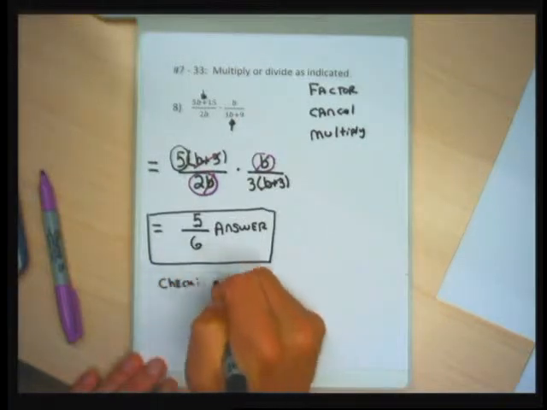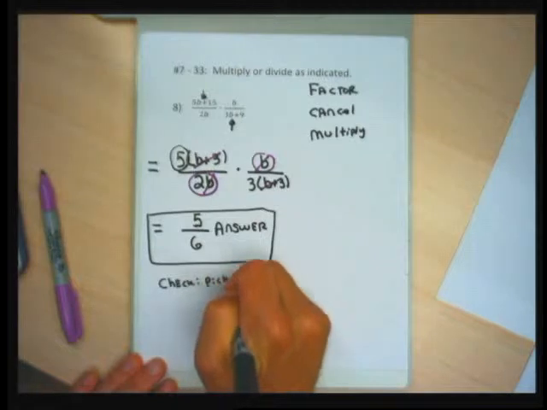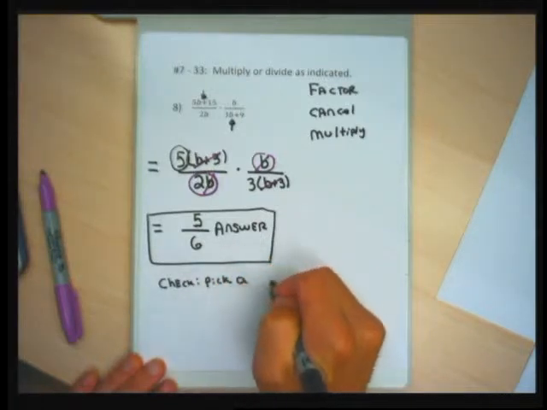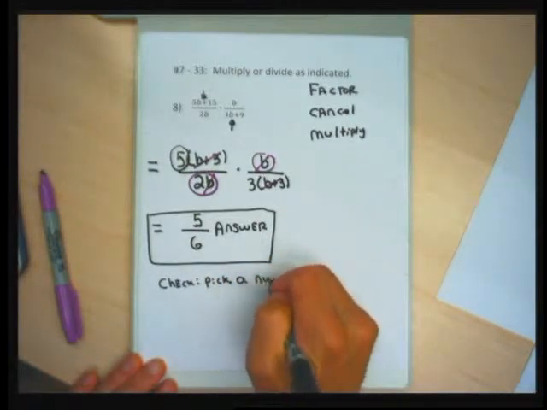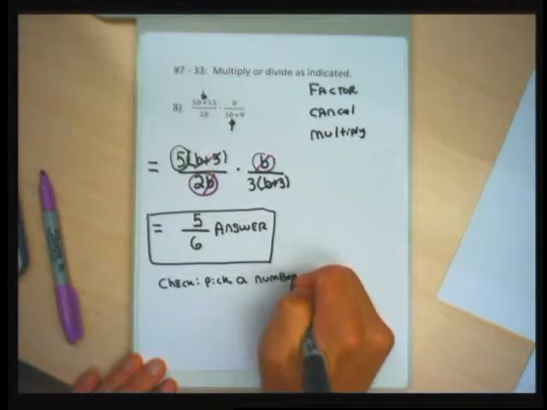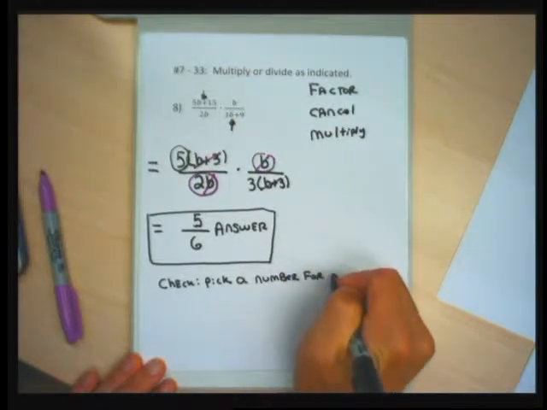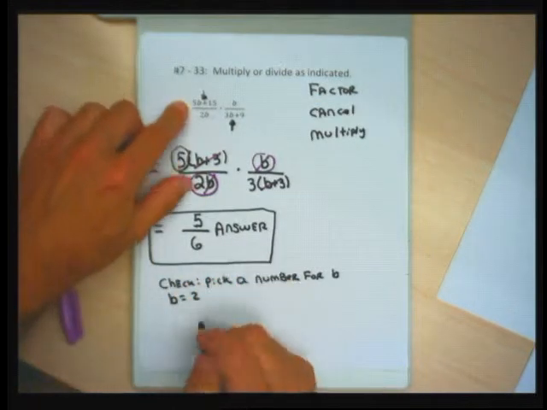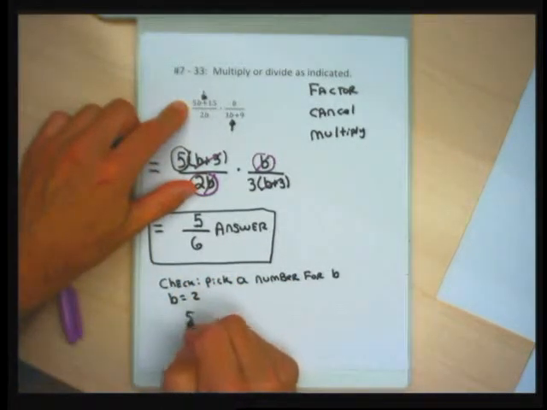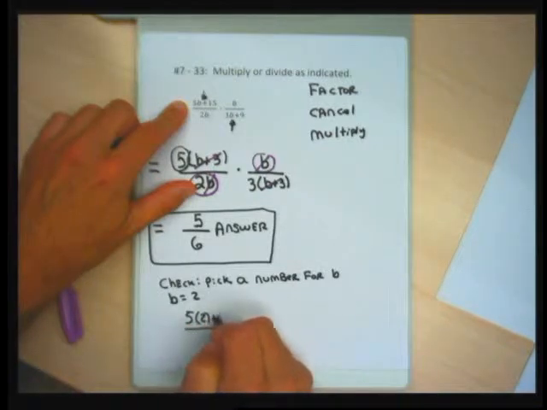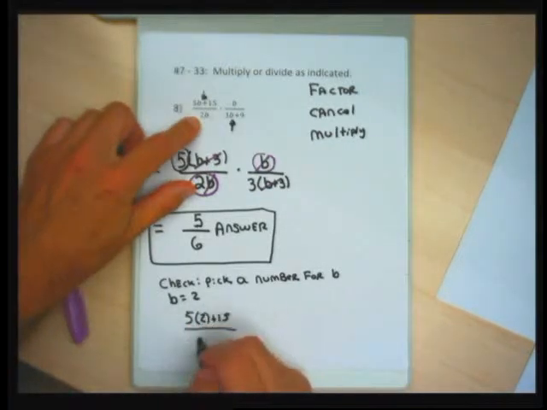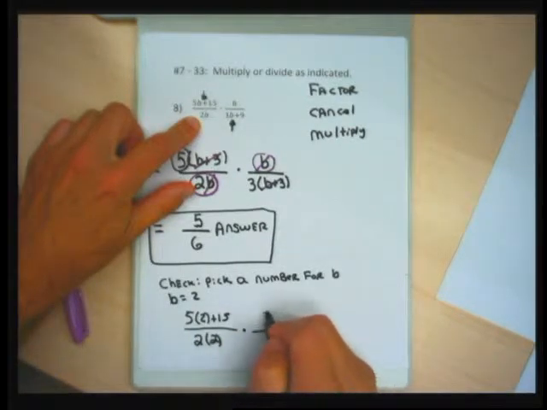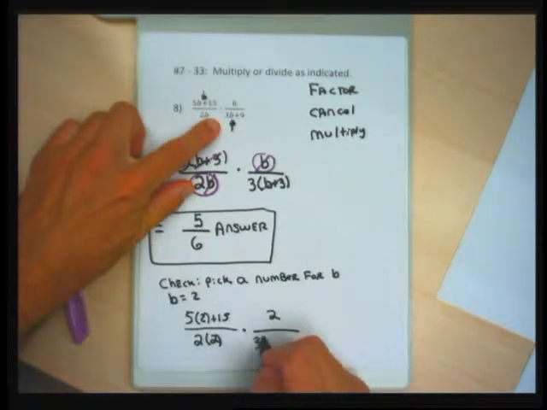To check, I need to pick some number and plug it in for b in the original problem. I like picking 2. I'm going to let b equal 2 and go in the original problem and go (5 times 2 plus 15) over (2 times 2) times 2 over (3 times 2 plus 9).